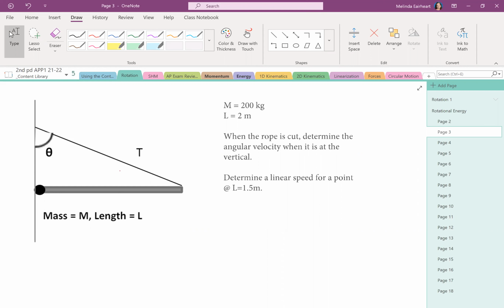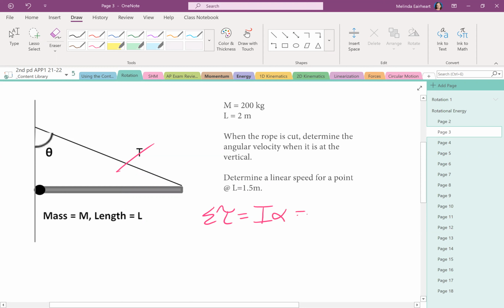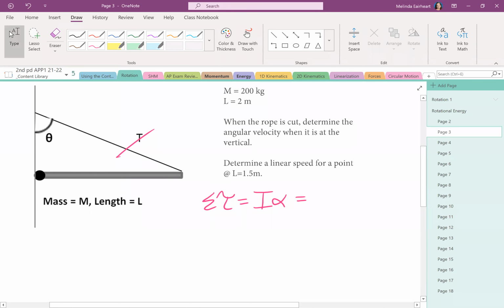And so the string is cut. So previously we looked at equilibrium with this one, but when the cord is cut, no more equilibrium. So we're going to have a net torque equals I alpha. And so who's going to provide this net torque? There's no people standing on it.